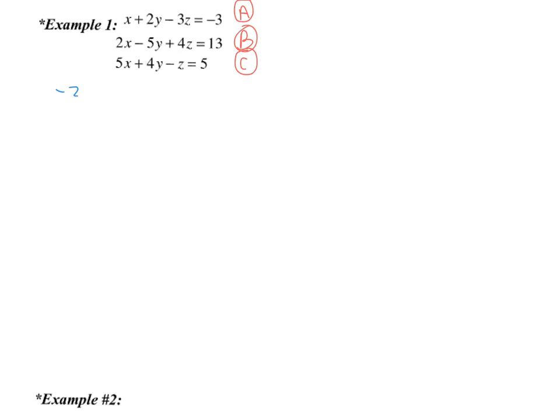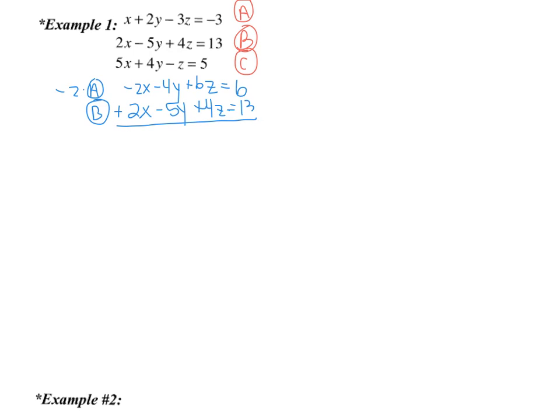So I'm going to do negative 2 times the A equation, and that's going to give me negative 2x minus 4y plus 6z equals 6. And then I'm going to keep equation B exactly how it is, 2x minus 5y plus 4z equals 13.